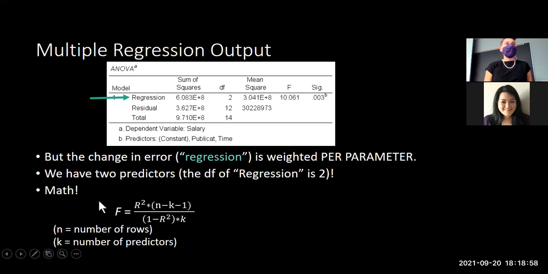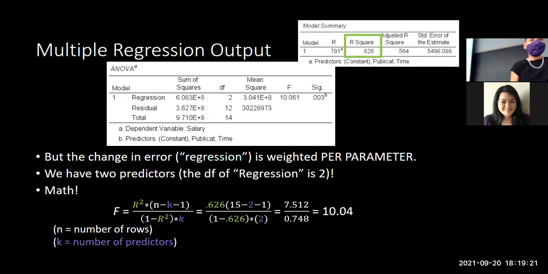So what we're looking at here is whether the change in the error is worth it. We have two predictors, so the degrees of freedom in this regression step is 2. So what we're basically saying is, is the amount of error variance we've reduced worth this sacrifice of the degrees of freedom that we have made to add them?